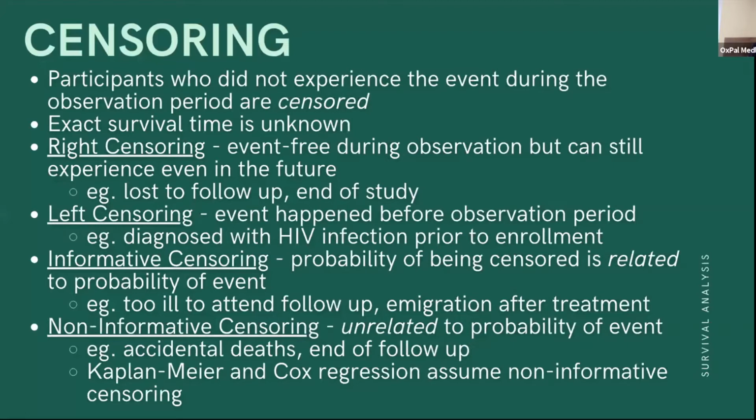Second, informative versus non-informative censoring. Informative censoring is when the probability of being censored is related to the probability of the event. An example would be when the patient is too ill to attend the follow-up session, likely because of negative experiences the patient is already having from whatever your intervention is.